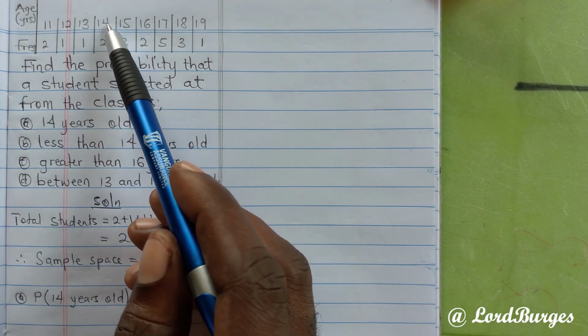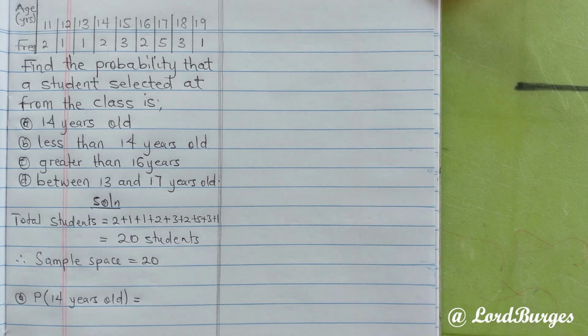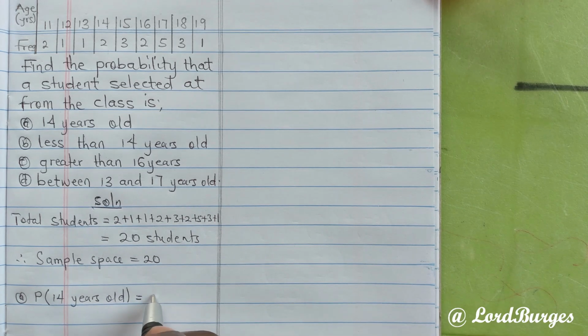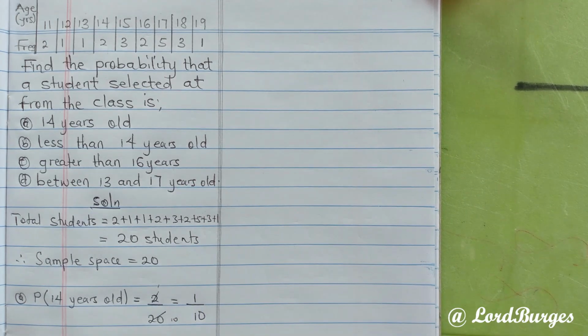Looking at the table, the frequency of 14 is 2. So students who are 14 years old are 2 out of the 20 students, which if I cancel out, I will be having 1 out of 10. So students who are 14 years are 1 out of 10.